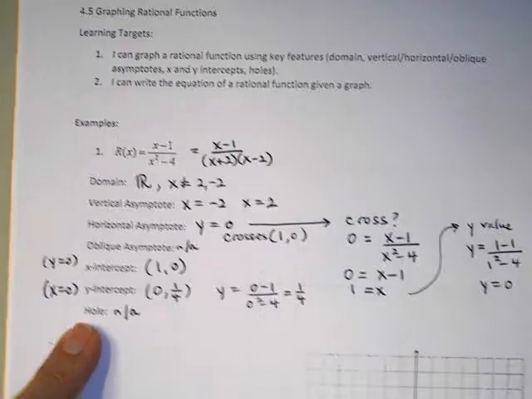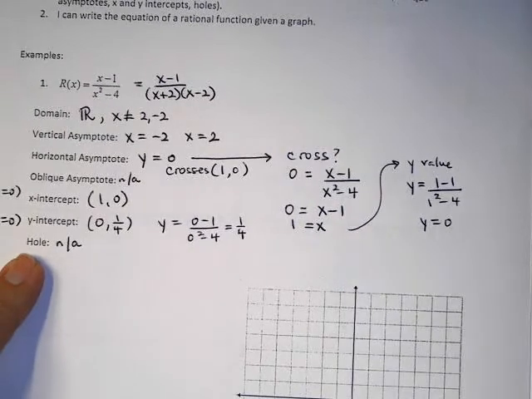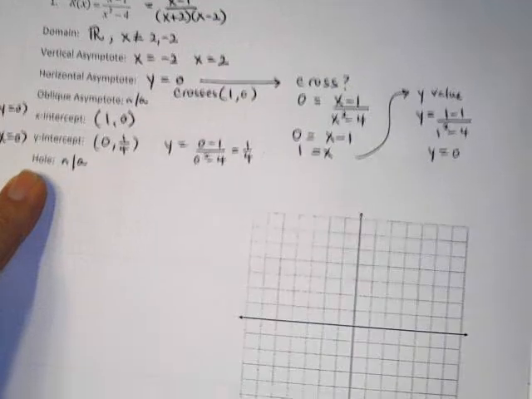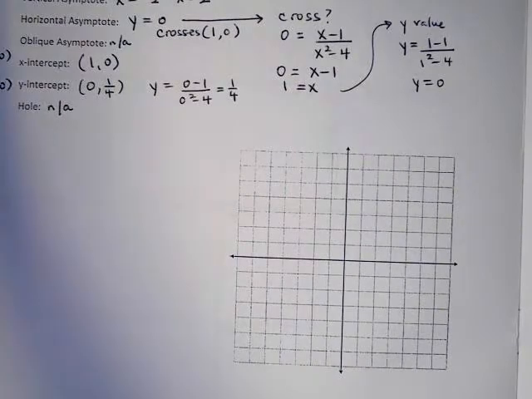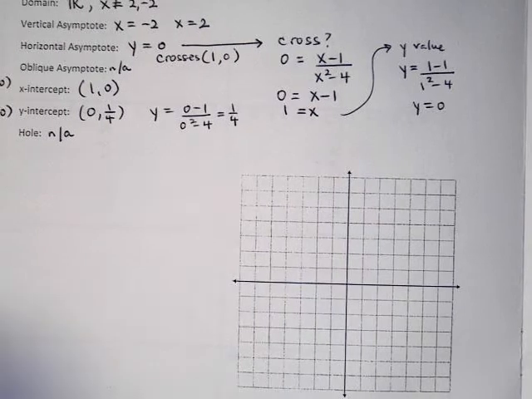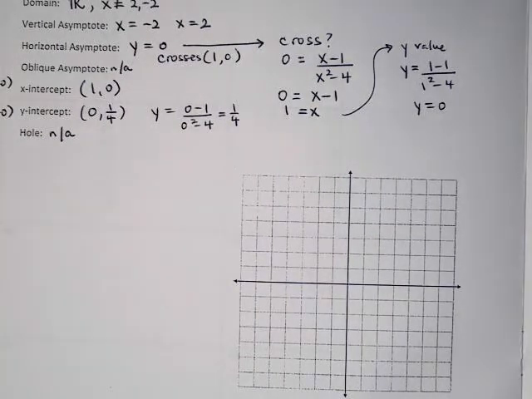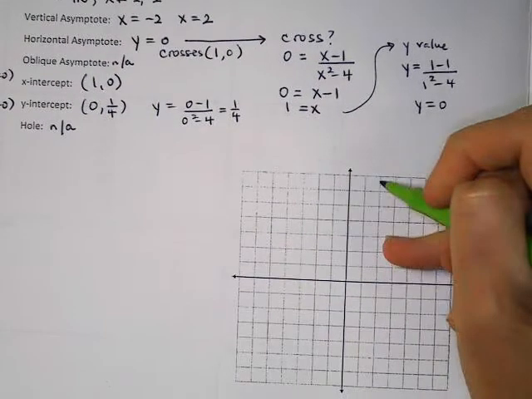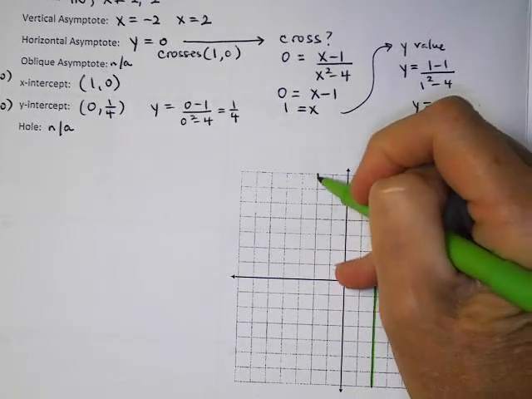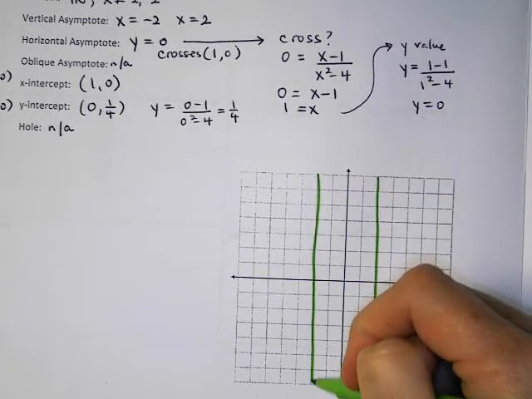So now I'm going to take all this information and plug it into the graph. I gave you a grid here below. All right, so let's first put our asymptotes on there. I had asymptotes at x equals 2 and x equals negative 2. So I'm just going to do those in a color. There's x equals 2 and x equals negative 2.